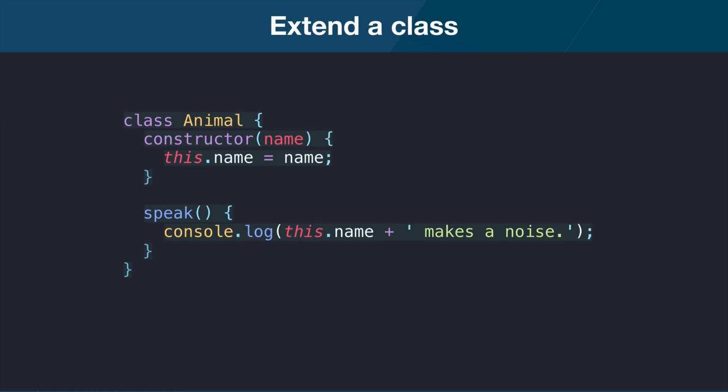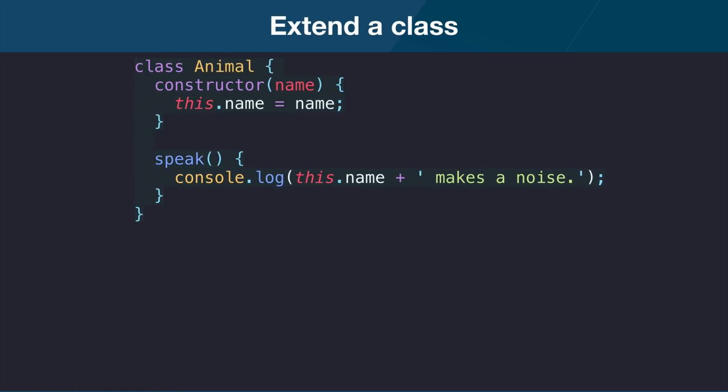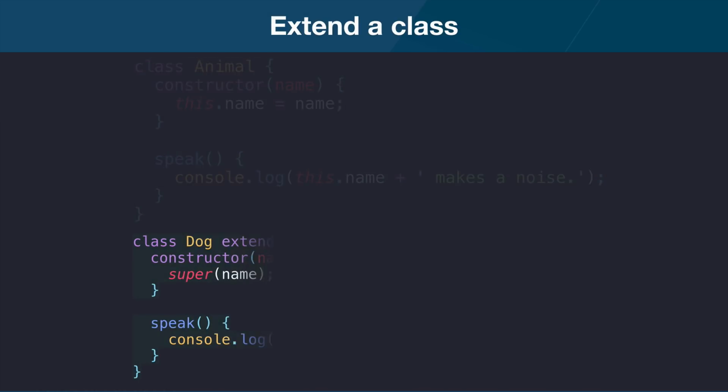So if we wanted to, we could take our Animal class and we could extend it to a Dog class. Notice the syntax here. class Dog extends Animal. This is what I mean by being super declarative. We know that Dog will inherit all of Animal's properties that come down to it. It's really, really nifty that way. And then it has its own speak function as well, and we could say this.name barks or whatever.